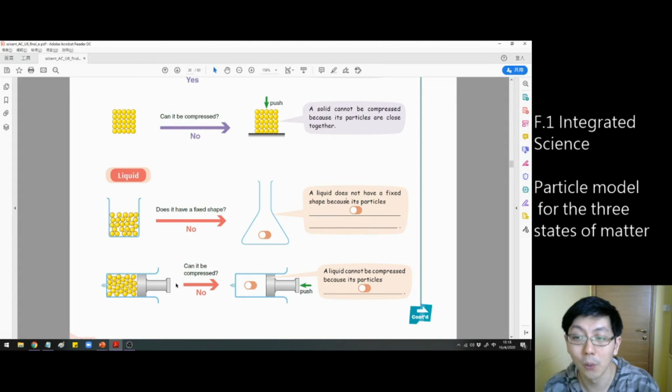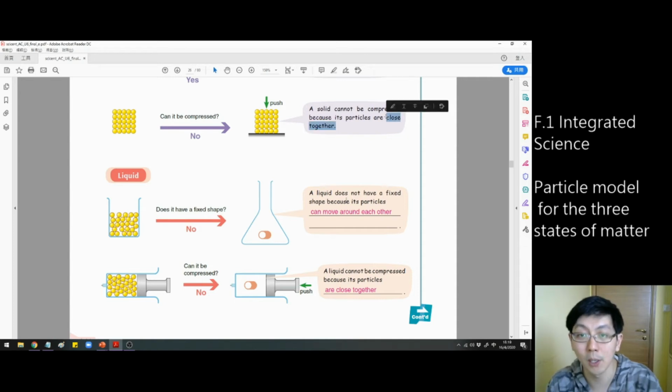The answer is no, because the particles can move around each other. Can it be compressed? No. Is it because the particles are close together, just like the case for solid? Since they are so tightly packed, they only have very little space in between them. So we don't have enough space to compress it closer and closer.